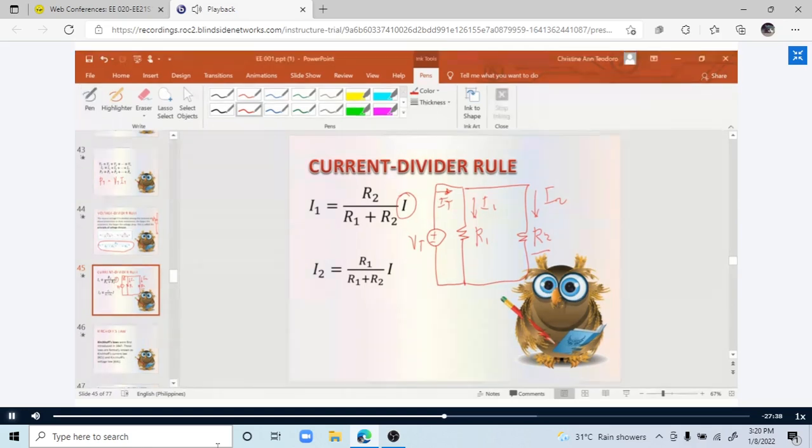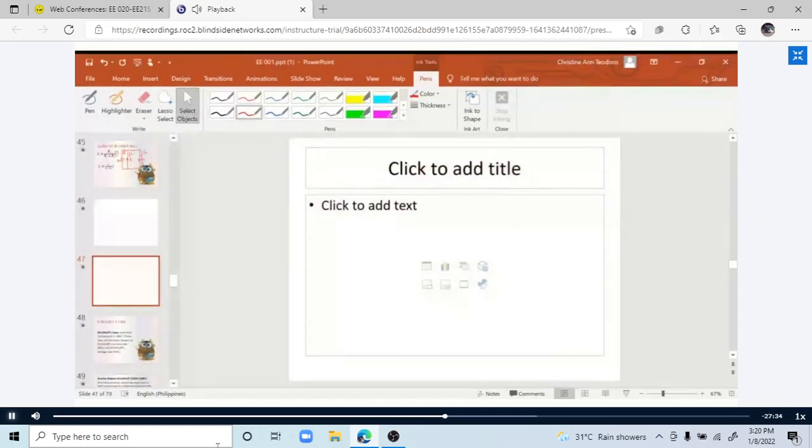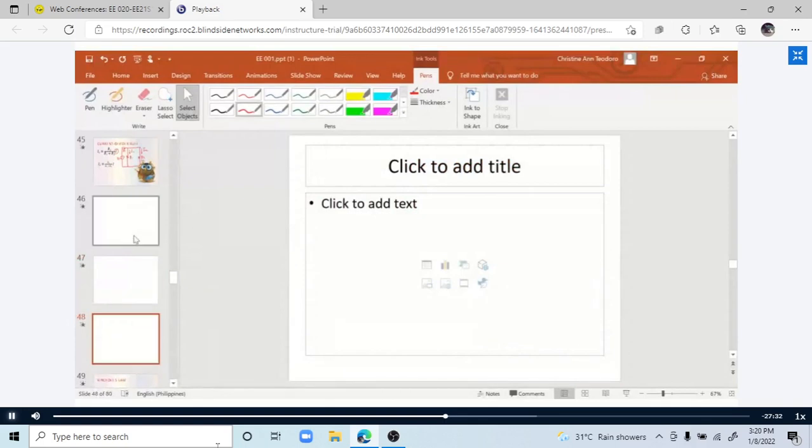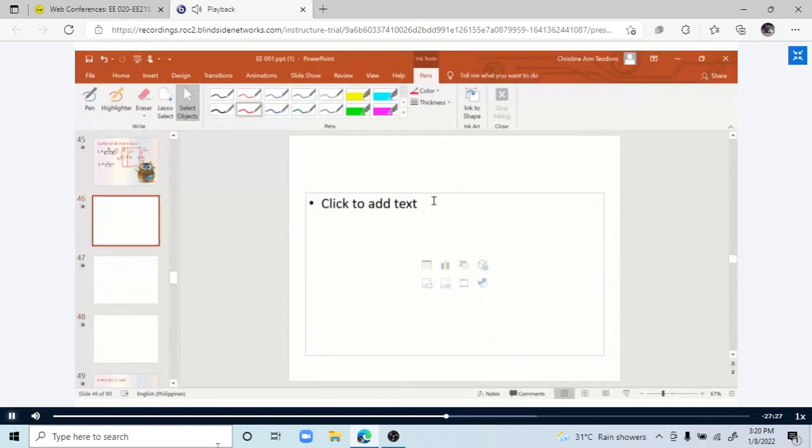Okay, so let us now have our example. Let me draw a certain circuit so that we can have it as an example.